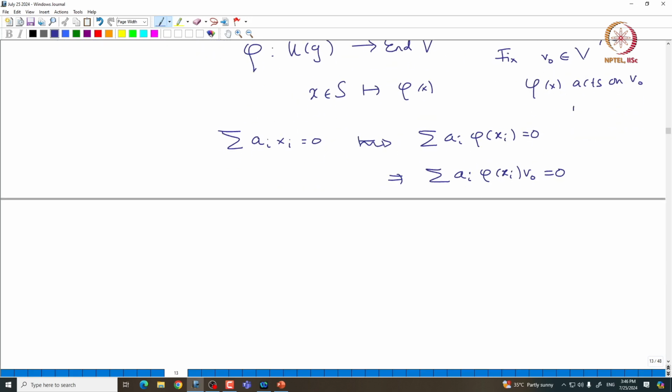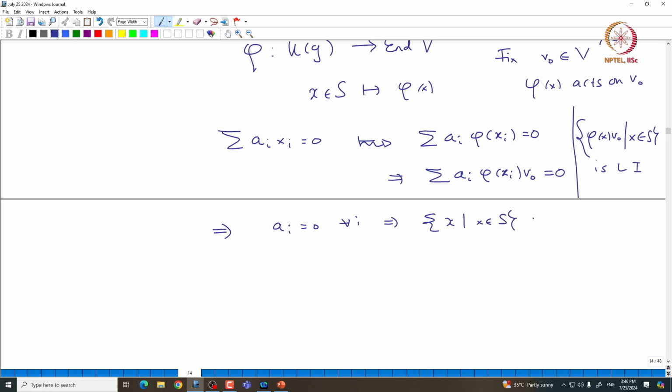So, now you can easily see that if the set phi of x V naught is linearly independent, then that would imply that the a_i's are all 0 for all i, and that would imply that the set x in S is linearly independent.